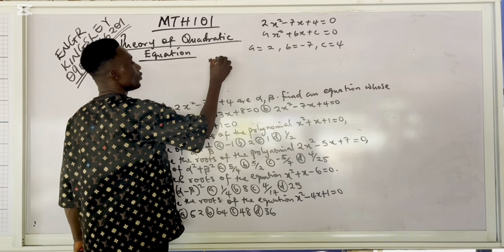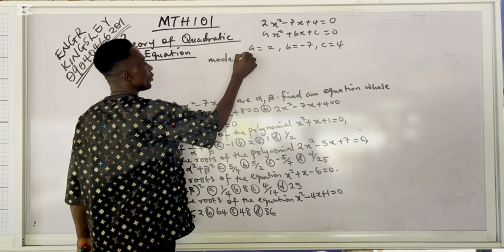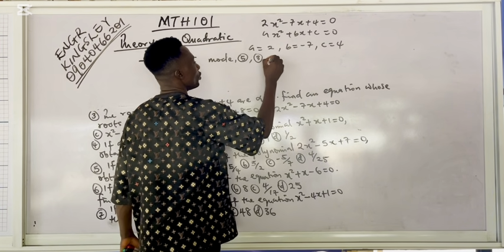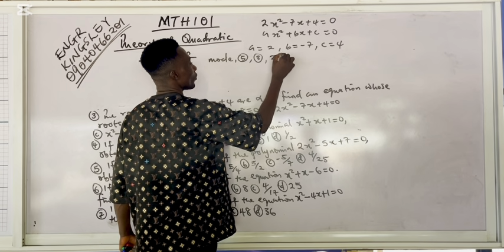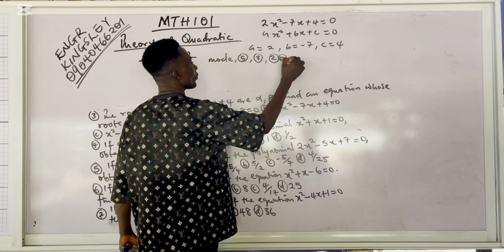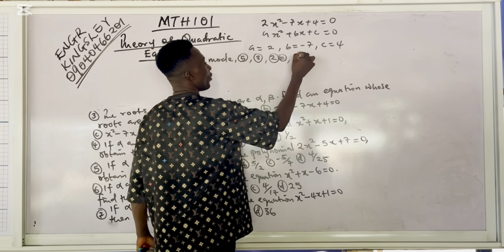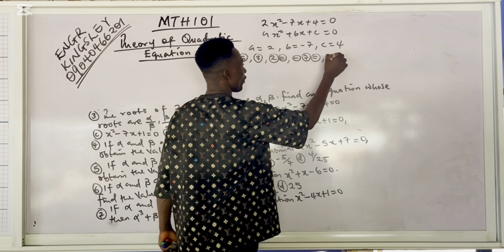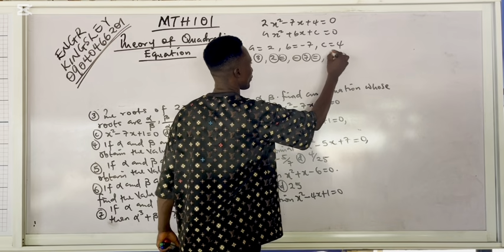So the first thing I'll do is to press mode 5, 3. I'll press 2 equal to, I'll press minus 7 equal to, I'll press 4 equal to.